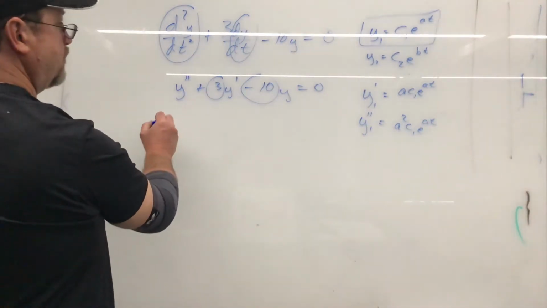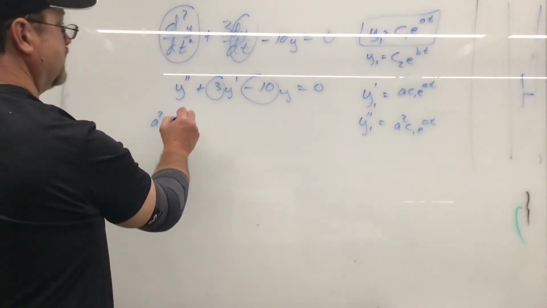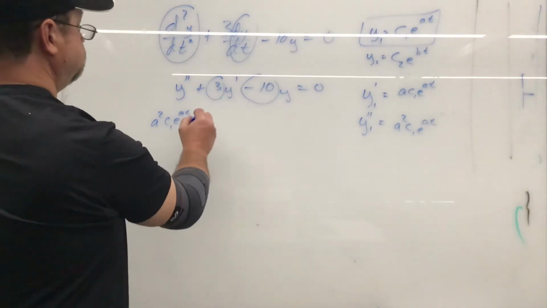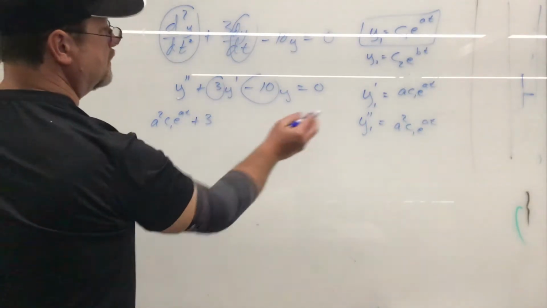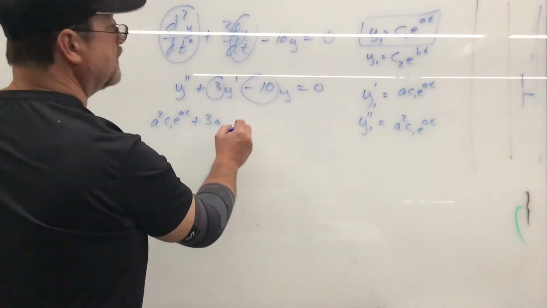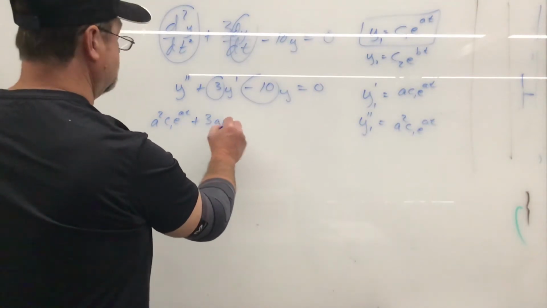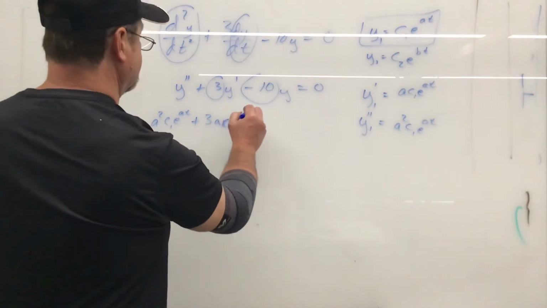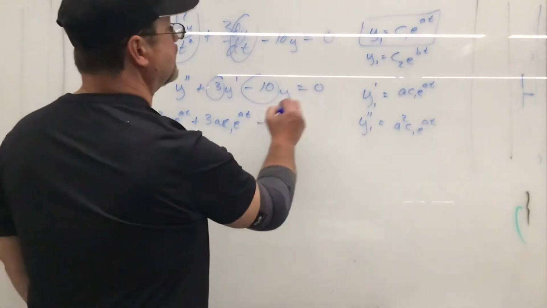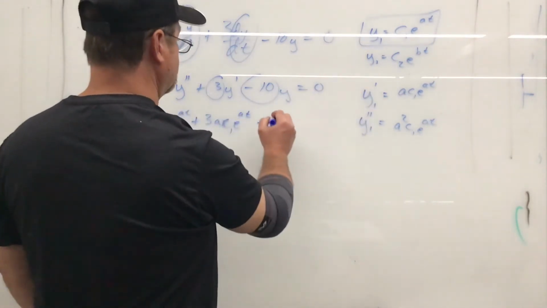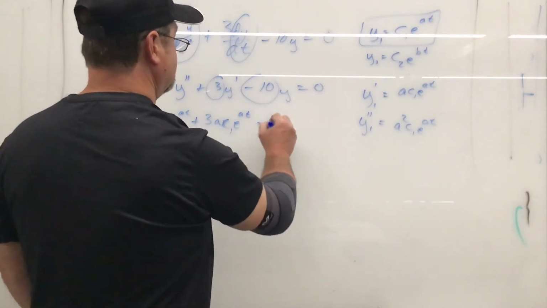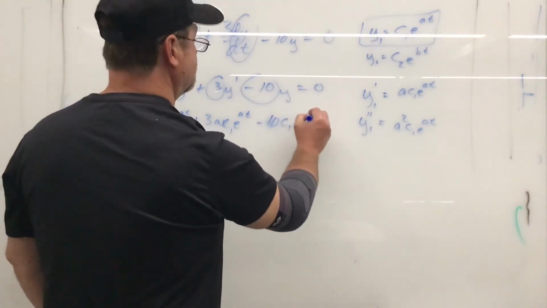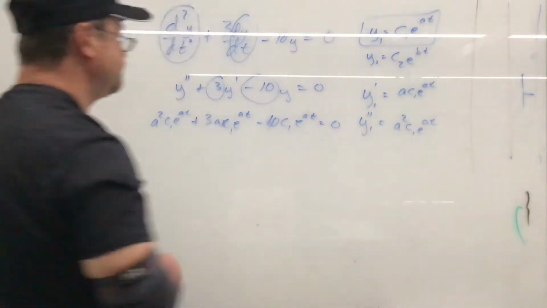That means y double prime becomes a squared c1 e to the at, plus 3 y prime, so that's 3a c1 e to the at, minus 10 times y, and y is y1, so it's 10 c1 e to the at, and all of that equals 0.